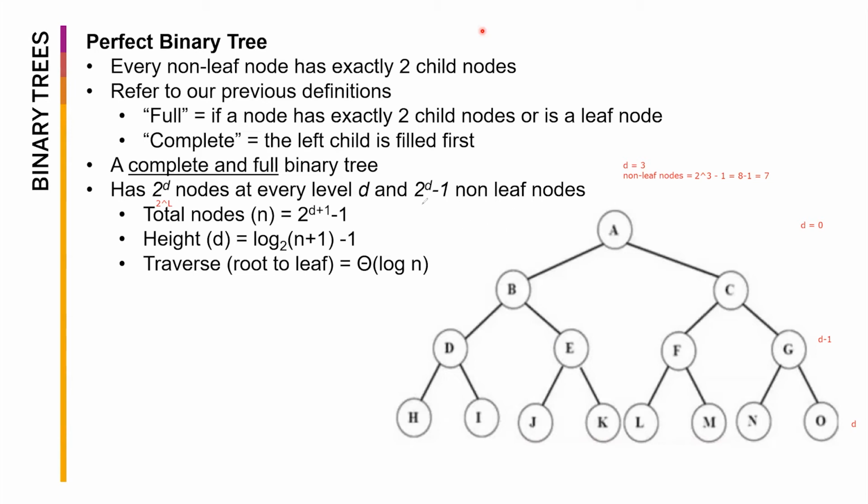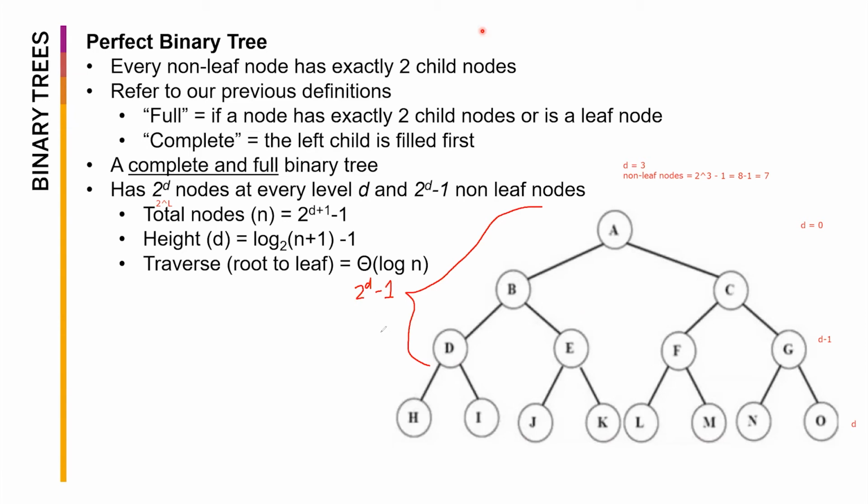Again, we have 2 raised to D minus 1 for non-leaf nodes. If we are counting this portion, the non-leaf nodes composed of levels 0 to D minus 1, the number of nodes there would be 2 raised to D minus 1.